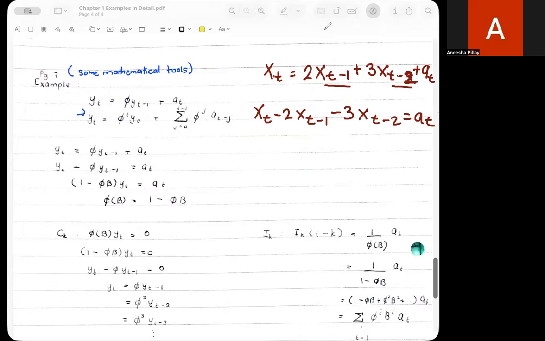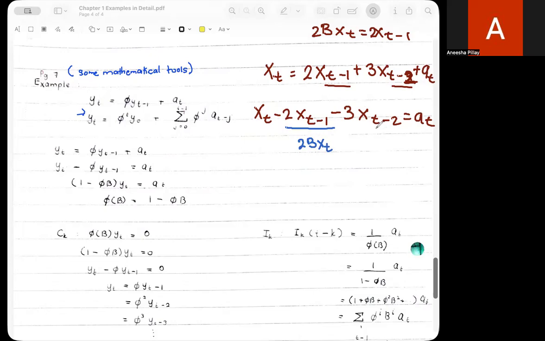Again, your Bxt is equal to xt minus 1, based on your lecture note. So if I have a 2 here, this side will be 2Bxt.